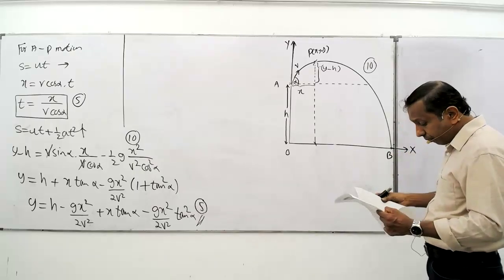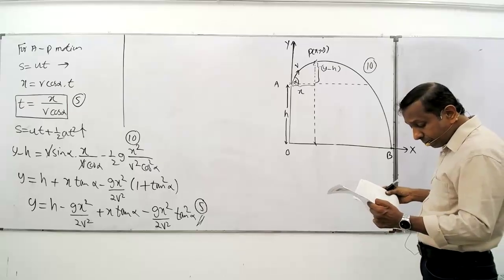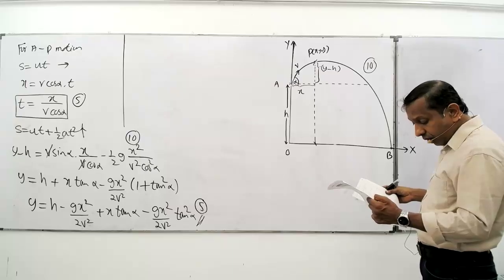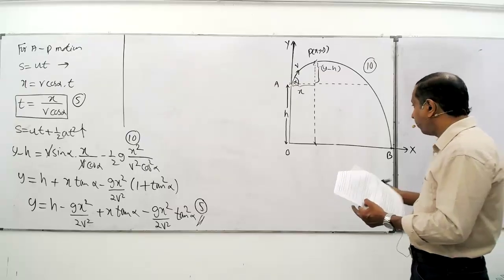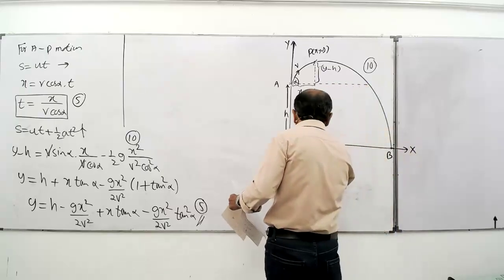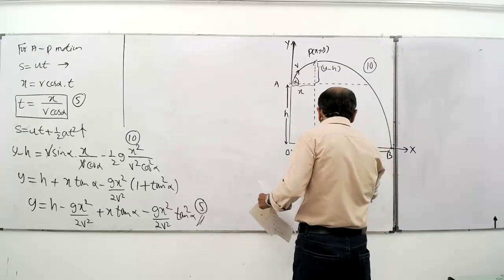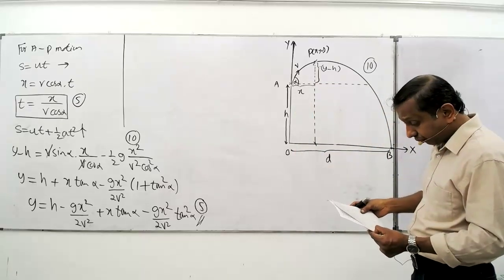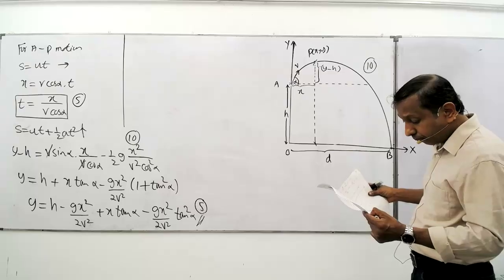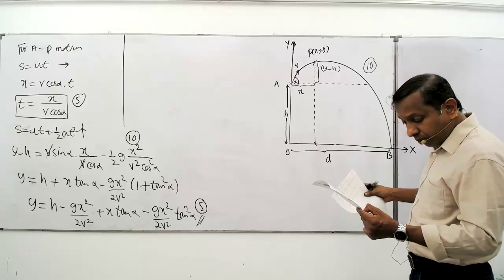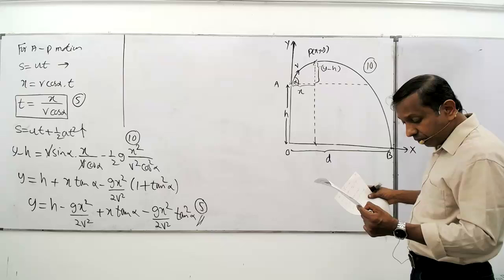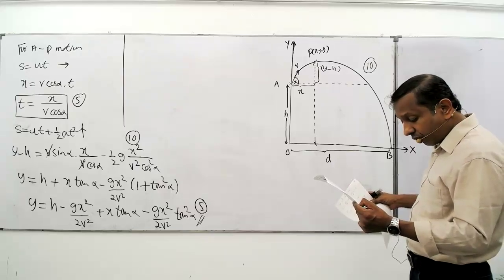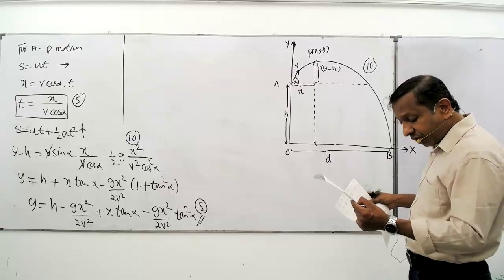Okay, the point B, at a distance simple D from O. This is simple D. Particle falls on the ground at the point B at a distance simple D from O, when d squared equals g h.